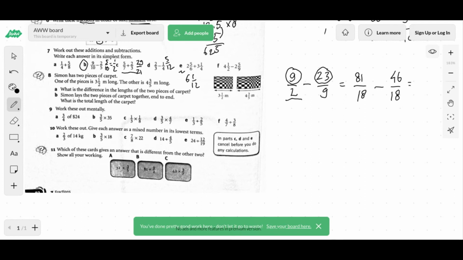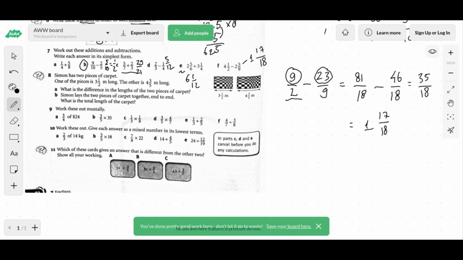And you subtract them, what will you have? I think it's about 35 over 18. And then after that, you turn it into mixed fraction. Nice. You will have 1 17 over 18 as your answer.